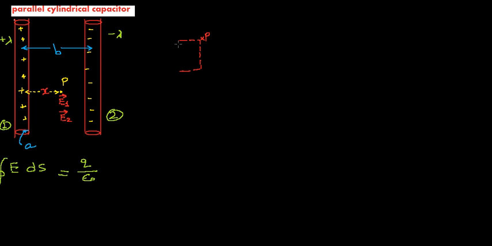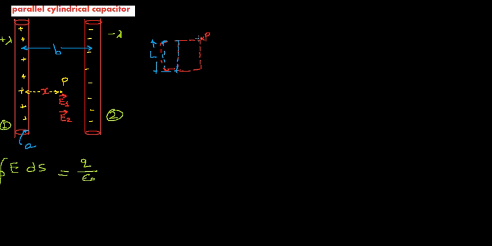Here we have a cylindrical wire of length L, with charge per unit length lambda, and this is your Gaussian surface.